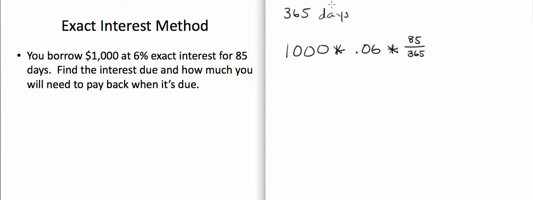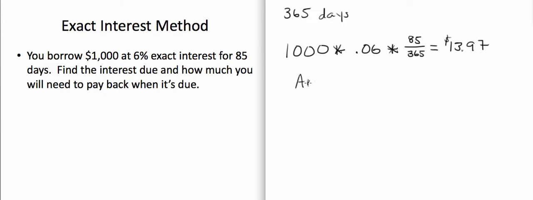All right, so we're using this amount of days, just like when we had the months, amount of months divided by 12. This is about days, so 85 divided by 365. And when we multiply that, we get an answer of $13.97. So that's the amount of interest.